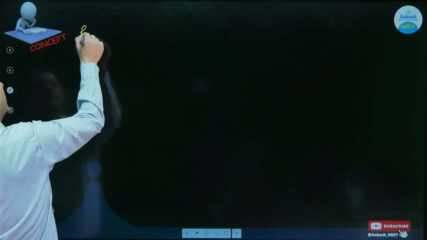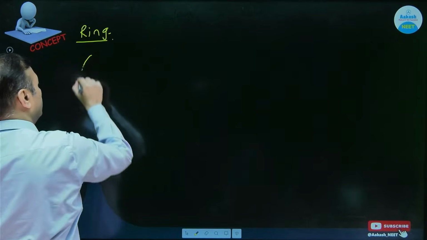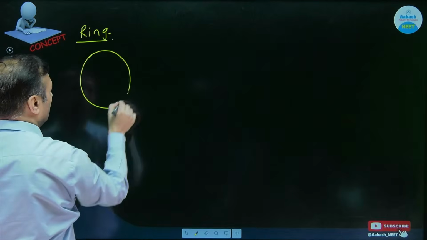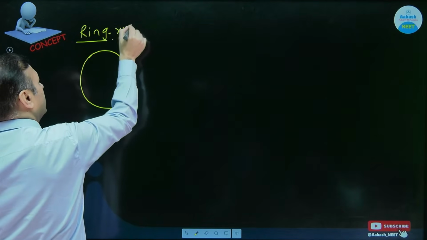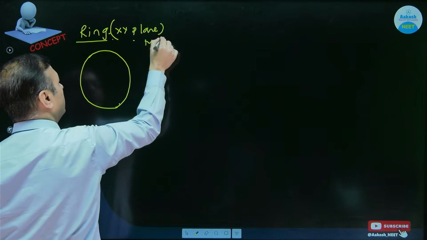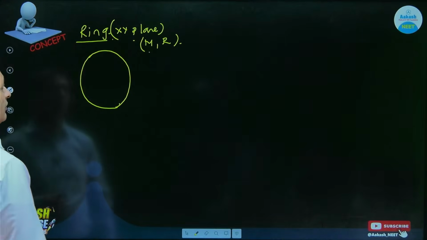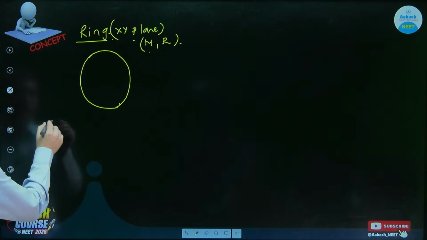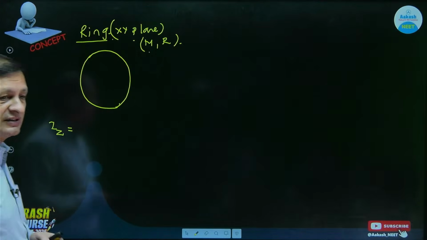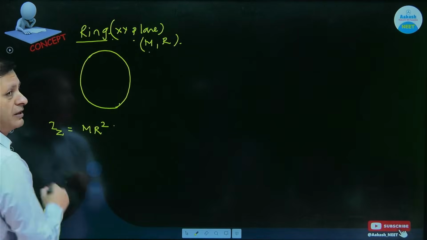Then you have a ring. So this is your ring. The ring is defined in the xy plane. Mass of the ring is m, its radius is r. Got it? So moment of inertia about an axis passing through its center perpendicular to its plane, that is Iz, is given by mr square.